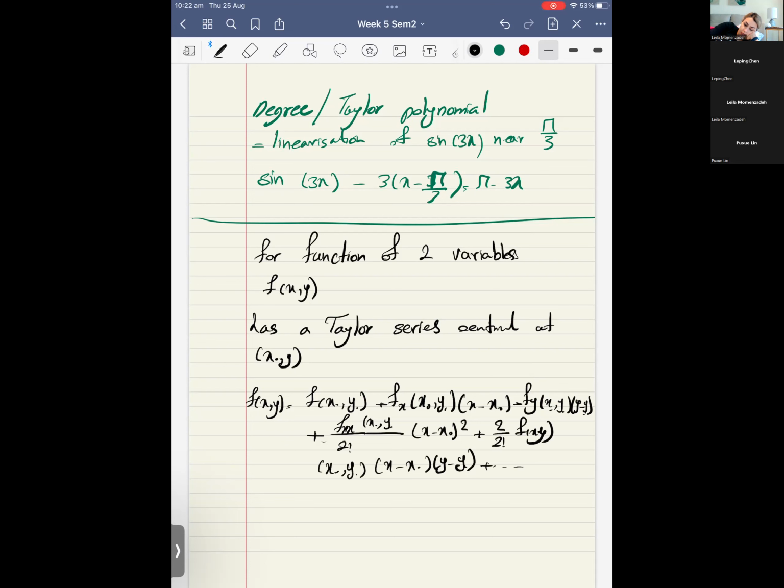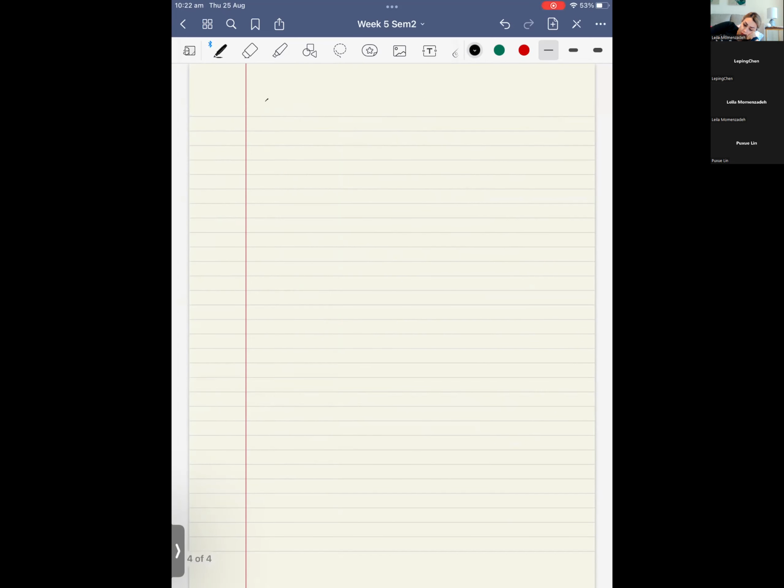And a quick example we will do here: f of x y equal to x sine y, and the center x0 y0 is 1 and 0.